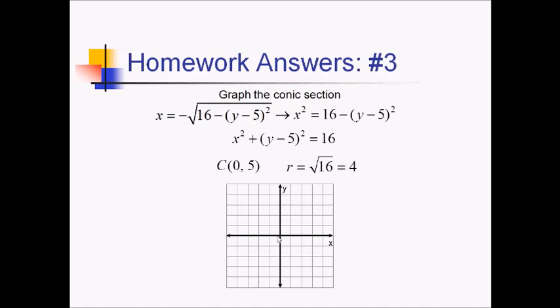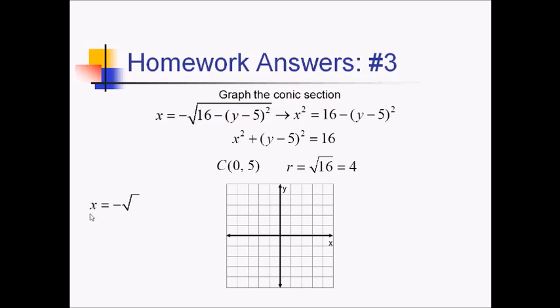So if I'm going (0, 5) here and then trying to go 4 in every direction, I'm probably not going to have enough room to fit all of this. So let me start by actually changing the scale of this graph. I'm going to make this 2 in each direction. And before I do that, actually, let me figure out which half I'm graphing. Since we have x equals a negative square root, that means it's going to be the left side of a circle.